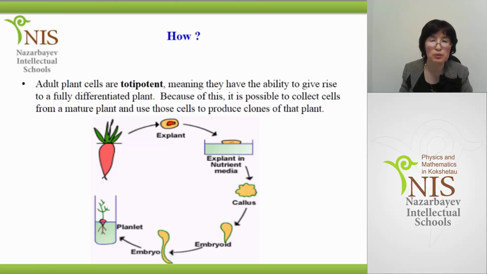And how do we grow plants with this method? Adult plant cells are totipotent, meaning they have the ability to give rise to a fully differentiated plant. Because of this, it is possible to collect cells from a mature plant and use those cells to produce clones of that plant.